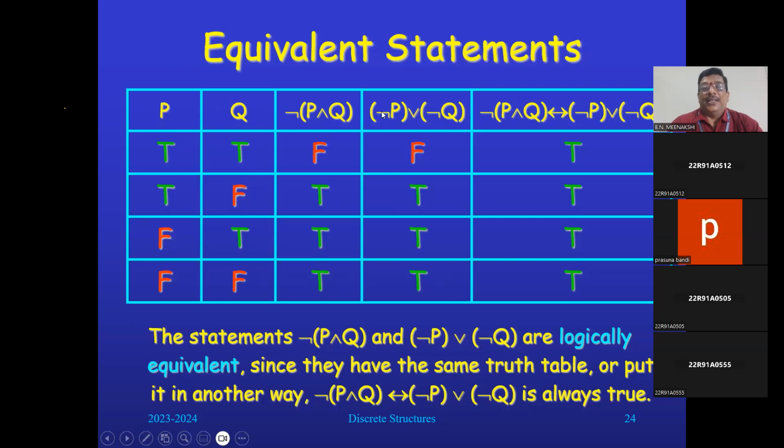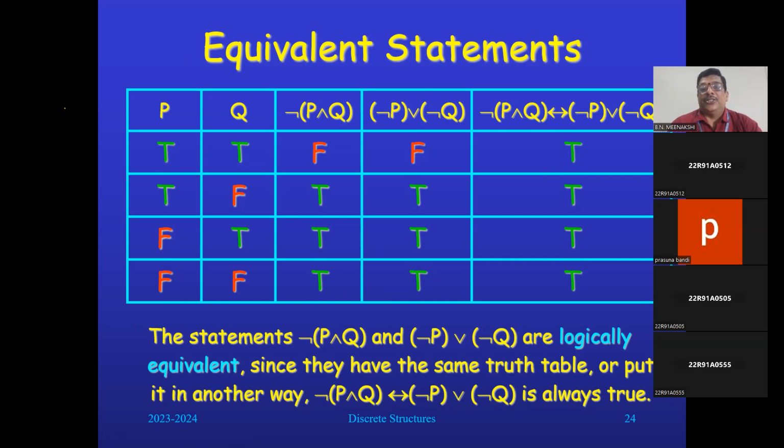Then negation of P disjunction negation of Q. Negation of P is false; disjunction with false is false. Then false disjunction true becomes true. Then true disjunction false becomes true. Then true disjunction true becomes true. Then what is double implication?